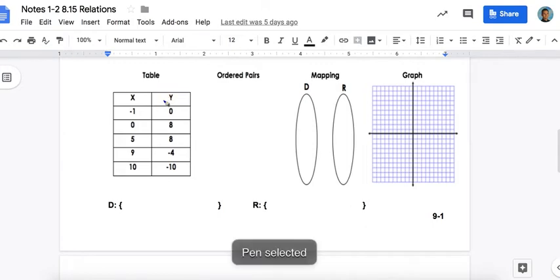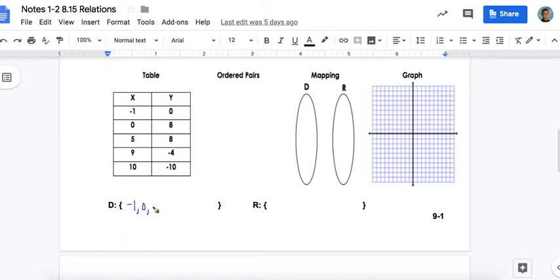So our table here, we have -1, 0, 0, 8, 5, 8, 9, -4, and 10, -10. So what we could do is immediately write the domain and range for these, because domain are my x values and range are my y values. And they're written in order from least to greatest, and you can see the x's are already in order here from least to greatest.